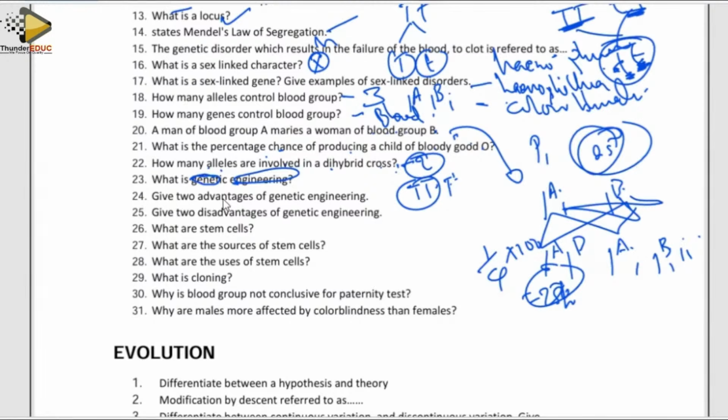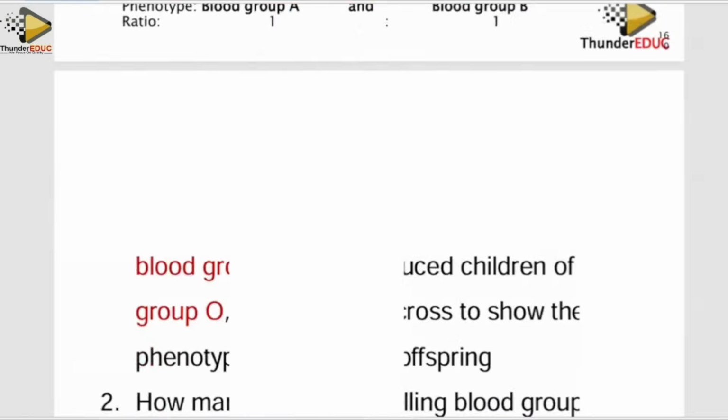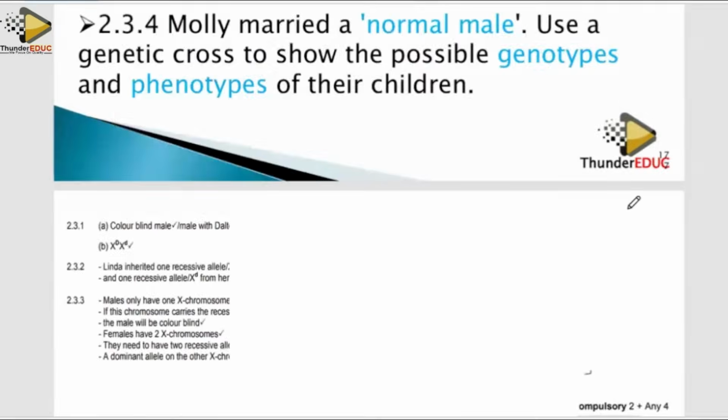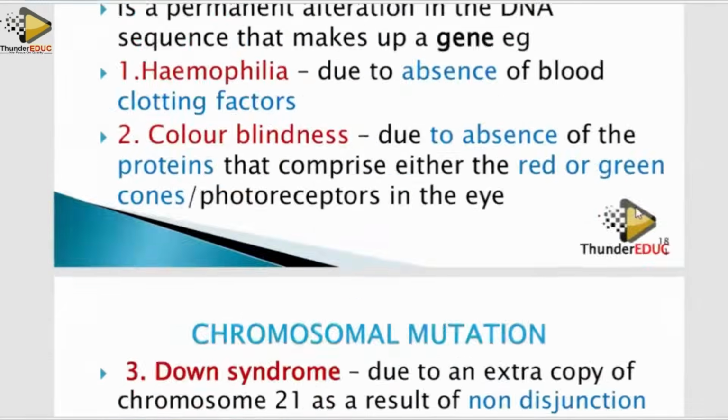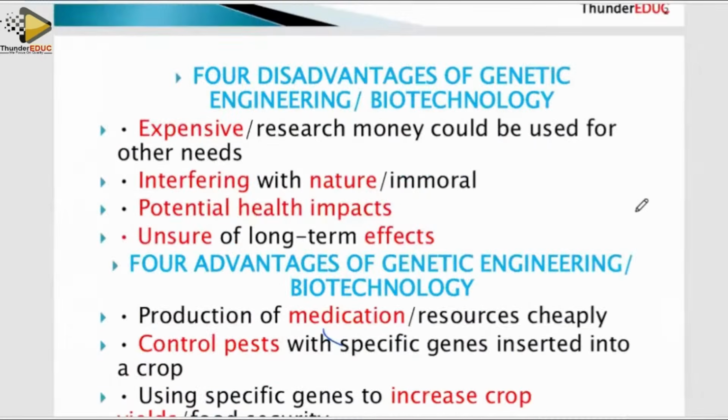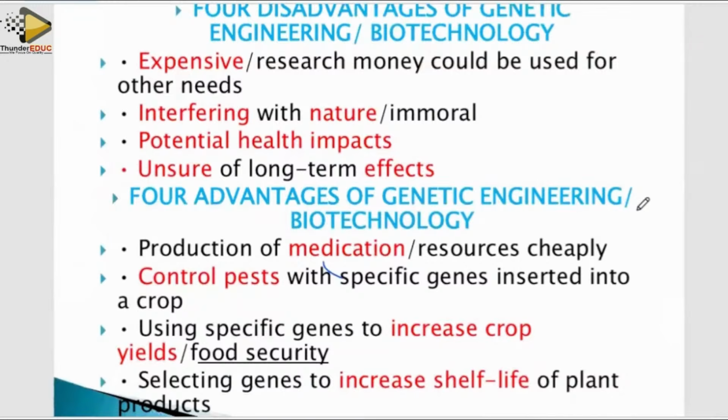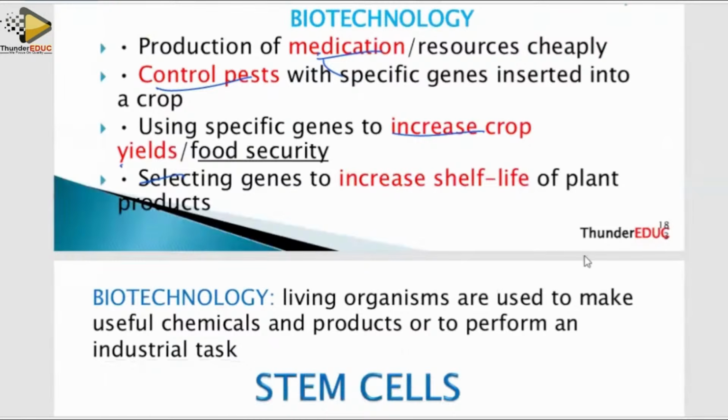Give an advantage of genetic engineering. We have seen this one before, and I don't think it is a big deal. When you talk about genetic engineering, you can talk about medication, pest control, increasing the yield, increasing the shelf life.